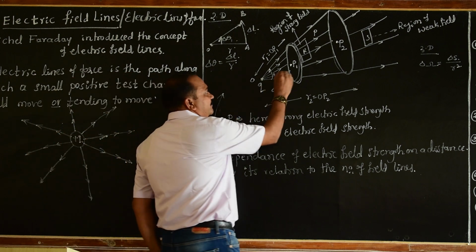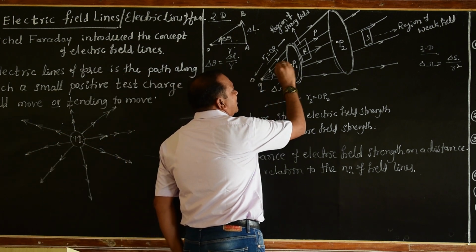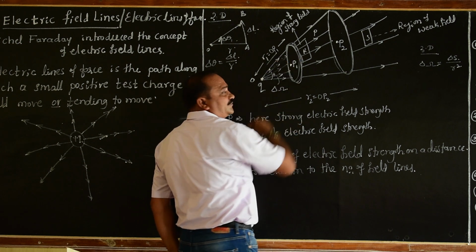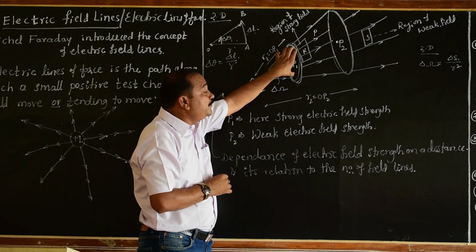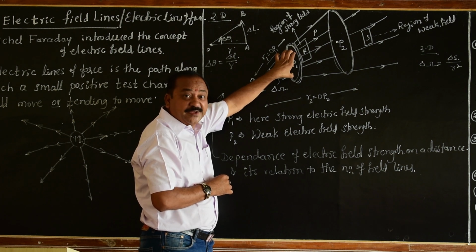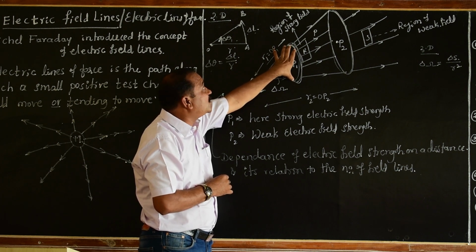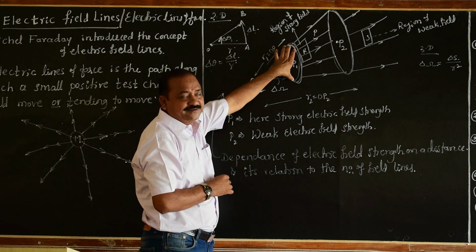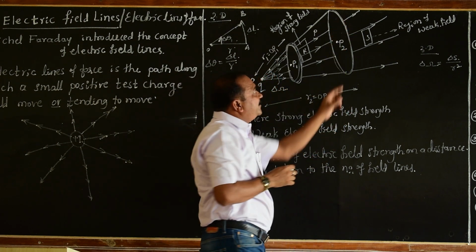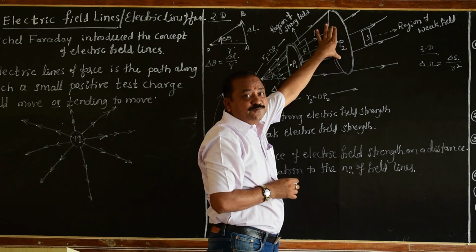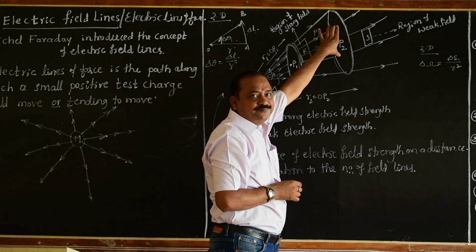For example, say here that these are all the electric lines of force. These electric lines of force will be more because it is a very strong region of electric field. In this region, the electric lines of force are weaker.